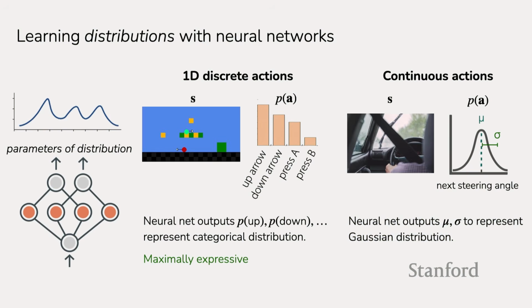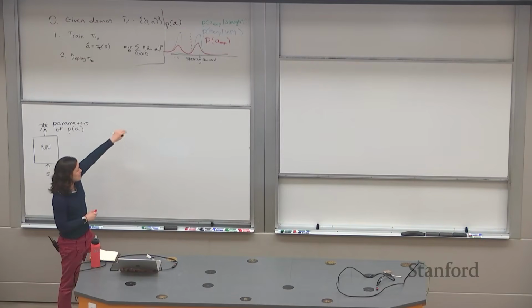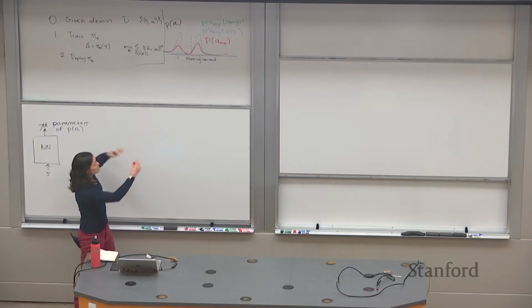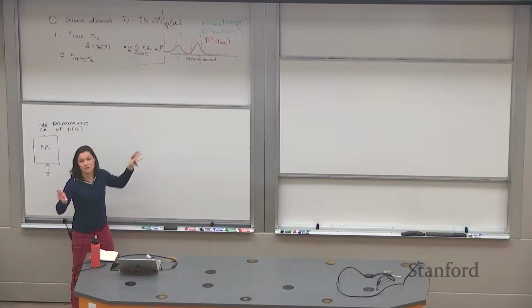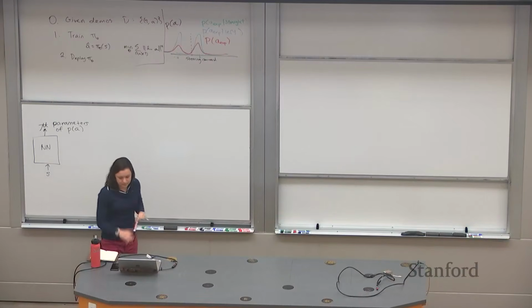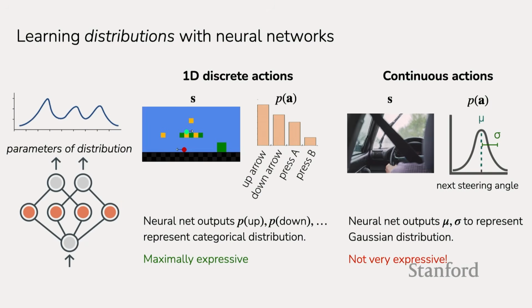But you can also have the neural network output the variance. Unfortunately, if you have it output the variance, it's not going to do anything particularly helpful. In this example, it'll just output a wider variance Gaussian in order to try to cover more probability mass. And it's not very expressive. And so we want to be able to use distribution classes that are more expressive so that we can ultimately get actions that are high probability.